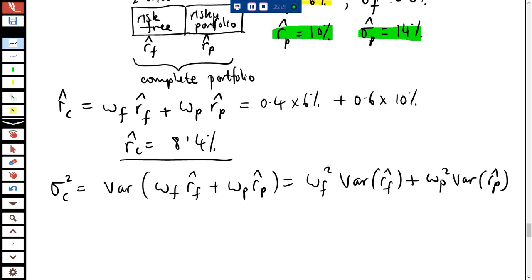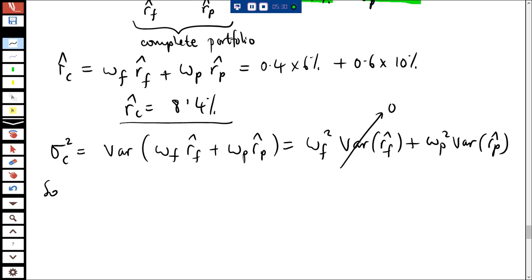We know the variance on the risk-free asset is 0. So the standard deviation is the weight on the risky assets times the standard deviation of the risky bit.